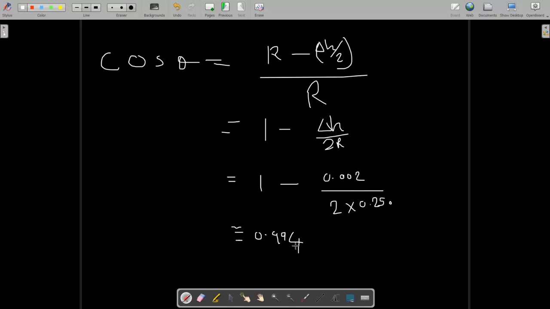When you take cos inverse, you will find theta is equal to 5.126 degrees. So this is the answer for angle of bite, about 5 degree contact angle.